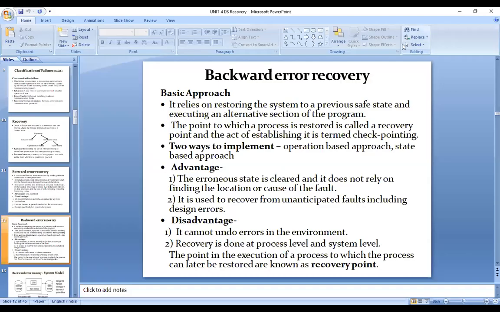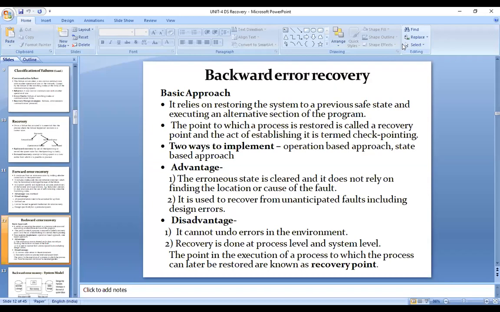So what is the basic approach associated with the backward error recovery scheme, in which the process is going to be restored to its previous state, a particular state which is free of the error? That state is called the prior state or the previous state, which is free of errors.